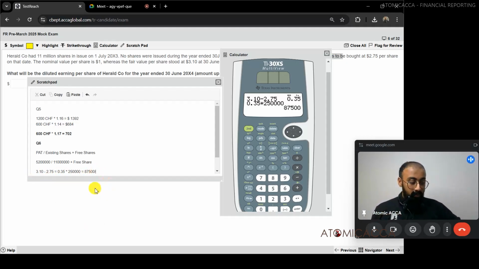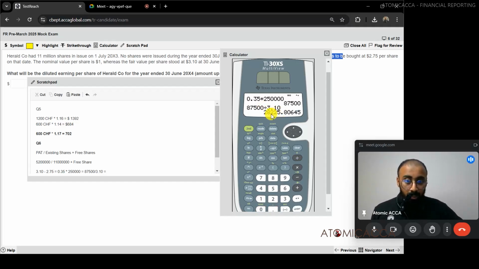So if I wanted this much value from the market, 87,500 divided by 3.10 will be equal to 28,225.80645.